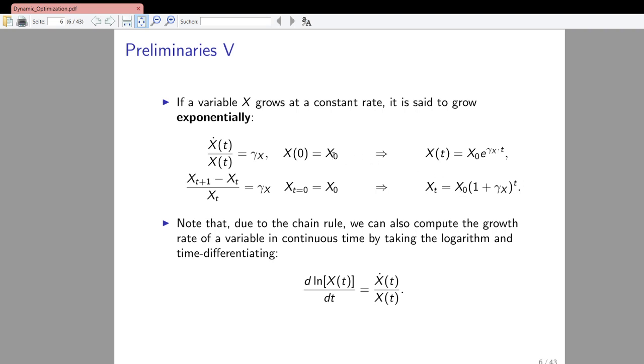And if we do not know the initial level of the variable, then we get the general solution, that is basically all solution paths that are consistent with all different initial values of the variable. So there are infinitely many general solutions of differential equations and difference equations, but only one particular solution that belongs to one particular starting value.